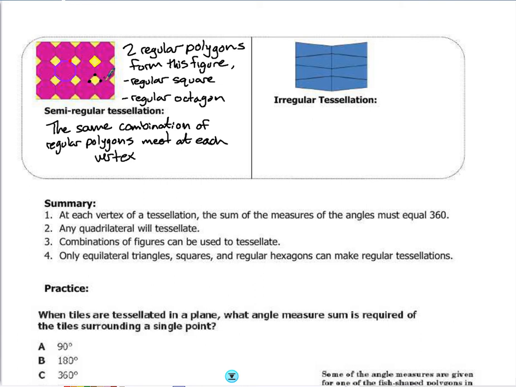That's a little different than our irregular tessellations, which use irregular polygons, and may be the same shape, or different types of that shape.